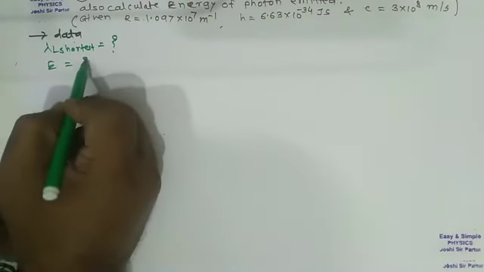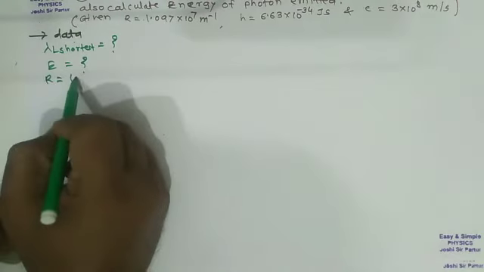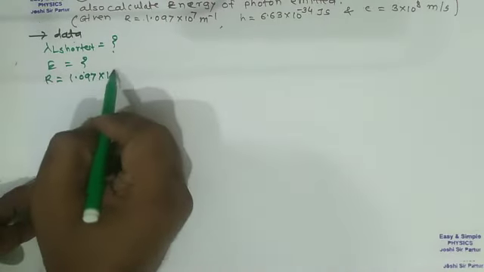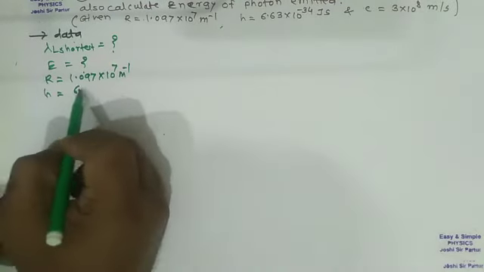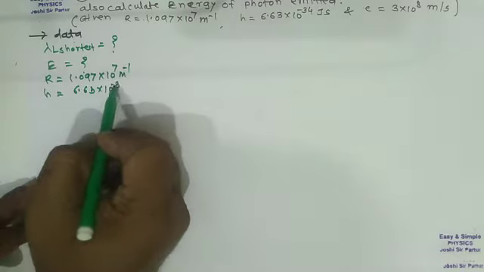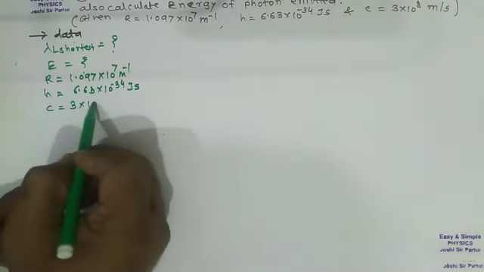In this data we can find out the shortest wavelength of Lyman series and also energy, but given R, Rydberg constant is 1.097 into 10 raised to 7 meter raised to minus 1. H, Planck's constant will be 6.63 into 10 raised to minus 34 joule second. C is 3 into 10 raised to 8 meter per second.